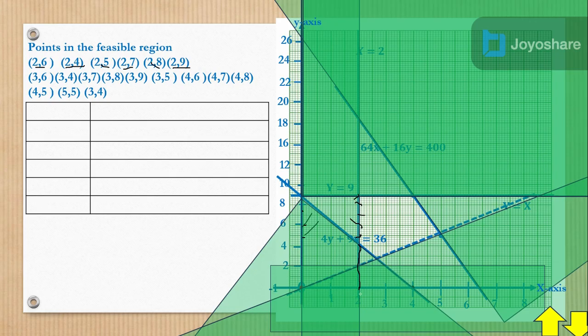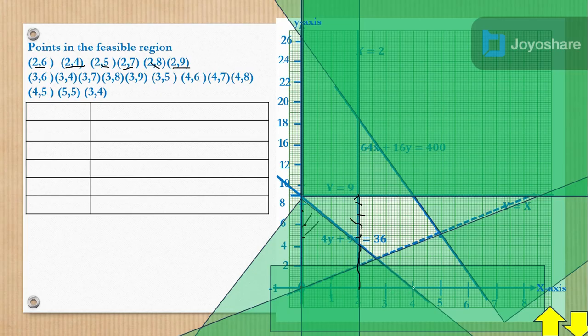Now I'm done with the 2, so I'm going to 3. You realize that (3, 3) we don't have. We don't pick coordinates on this dotted line. So we come in the space here with these highlighted lines. So (3, 4) will work, and we have it there in the coordinates. (3, 5) will work, (3, 6), (3, 7), (3, 8), (3, 9). We have everything there.